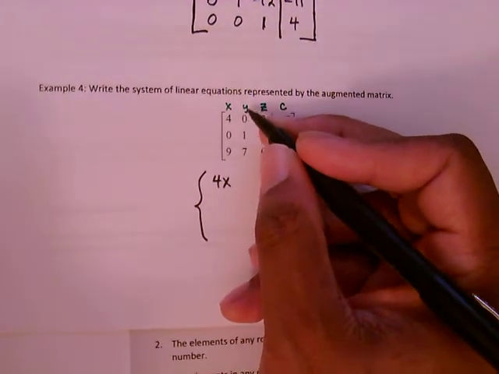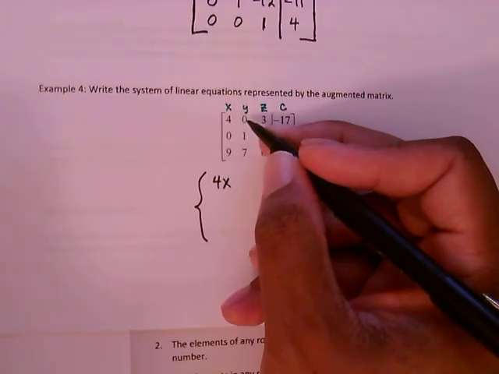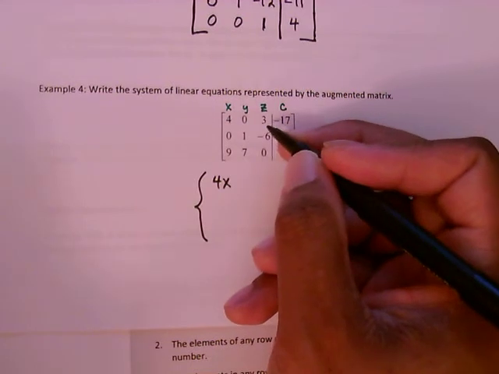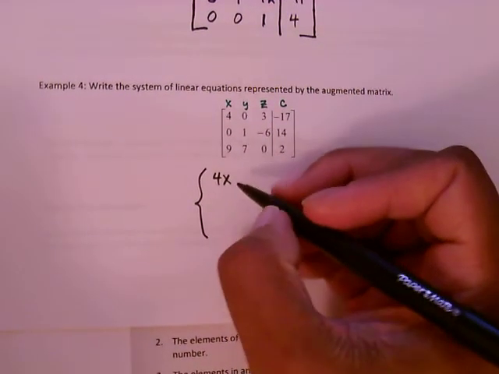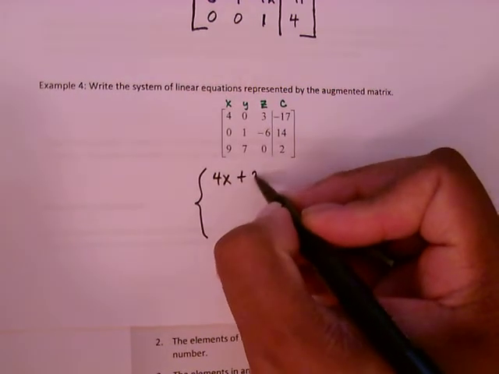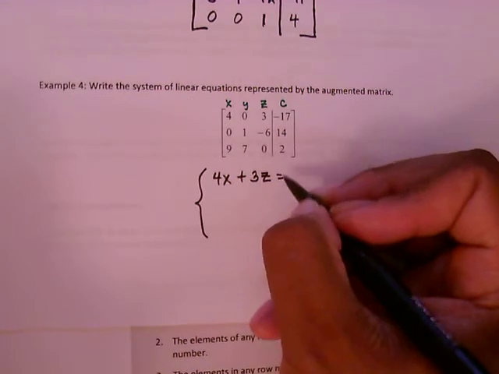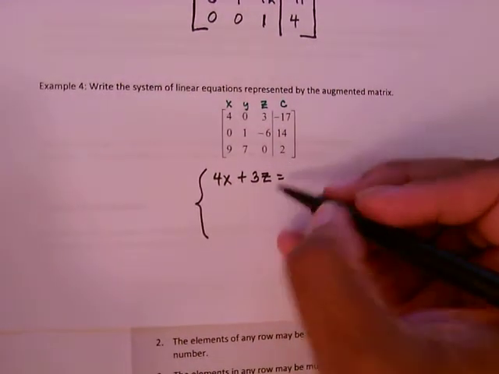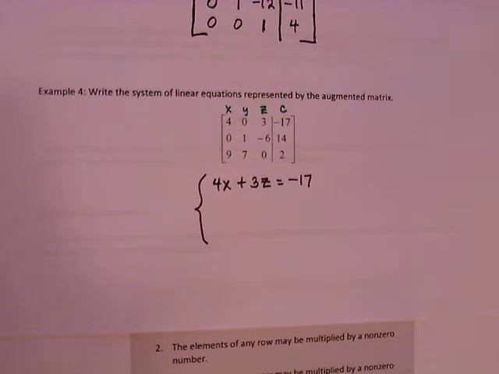Here, 0 is the coefficient of y, so we don't need to write 0y. But we do have a 3 here, the coefficient for z. So this will be plus 3z. And that vertical bar is the equal sign, and then the constant term, negative 17. So that first row represents 4x plus 3z is equal to negative 17.